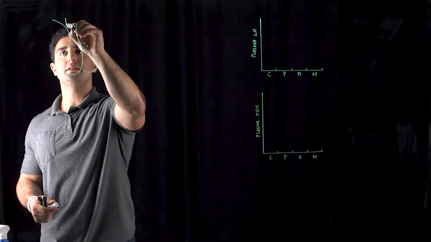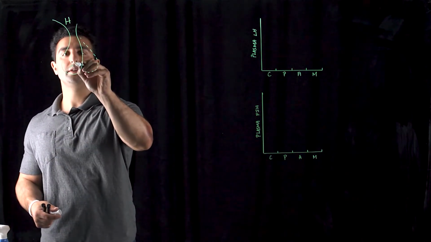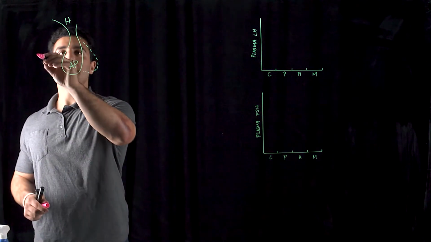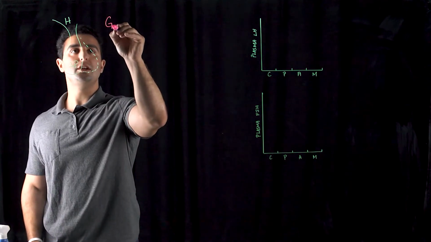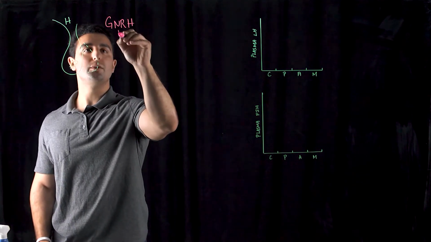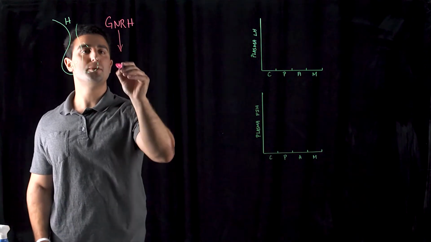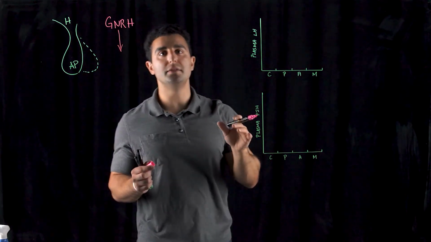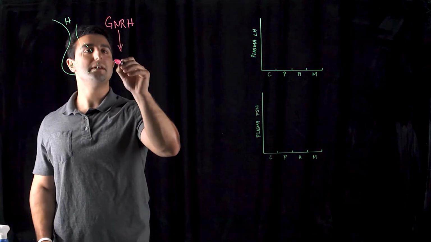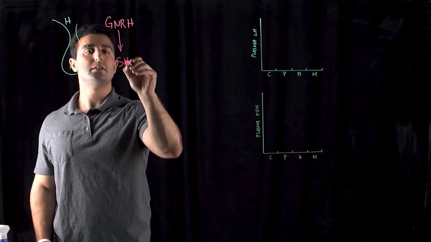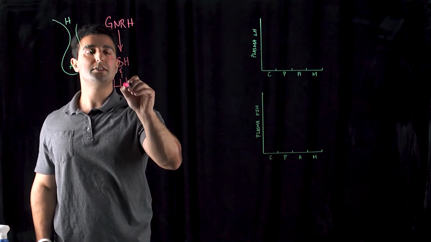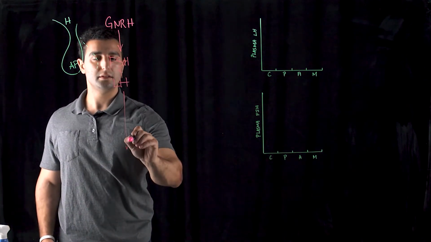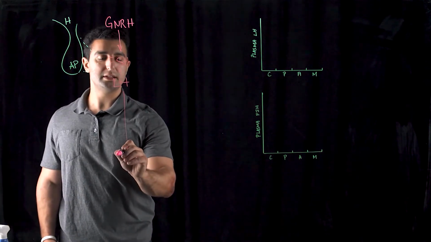The hypothalamus secretes GnRH, gonadotropin releasing hormone, which comes in through the hypothalamic hypophyseal portal system into the anterior pituitary, stimulating the gonadotrophs of the anterior pituitary to secrete FSH and LH, follicular stimulating hormone and luteinizing hormone, to go down to the gonads in order to secrete sex hormones.